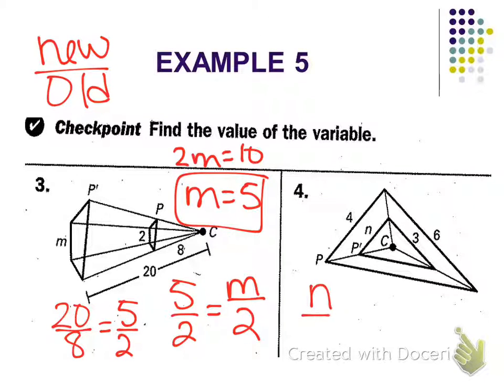N. On the old figure, what side would match up with that? 4. And we can set that equal to, give me another new side. 3, and it would match up with 6. When we cross multiply, we get 6n equals 12, and then to get n by itself, we divide and n equals 2.